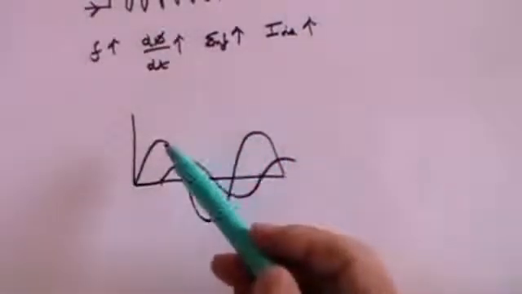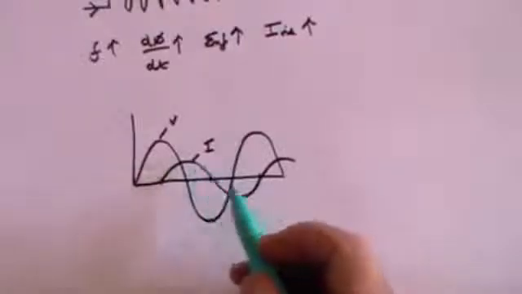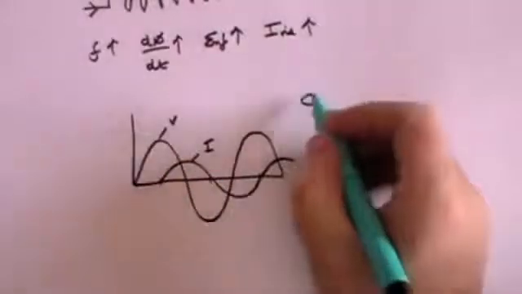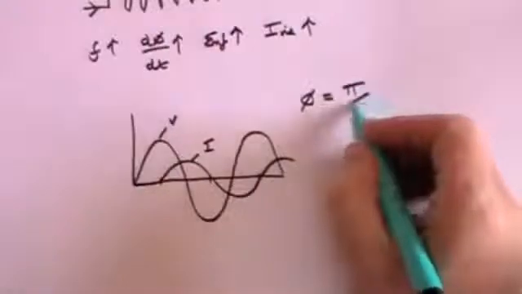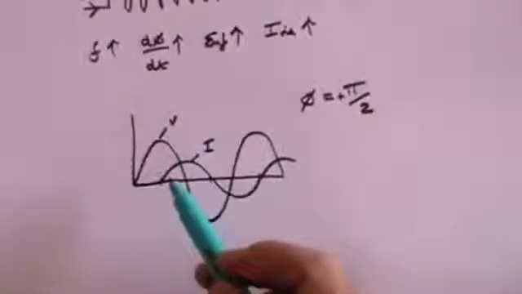So in the case of the capacitor, the voltage was behind the current. This time with the inductance, the voltage is ahead of the current. This is the voltage, this is the current. So the voltage starts out first, and then the current follows behind. And again, the phase angle is pi over 2, but this time it's plus pi over 2 because the voltage is ahead of the current.